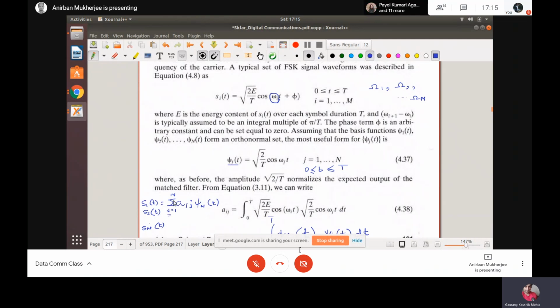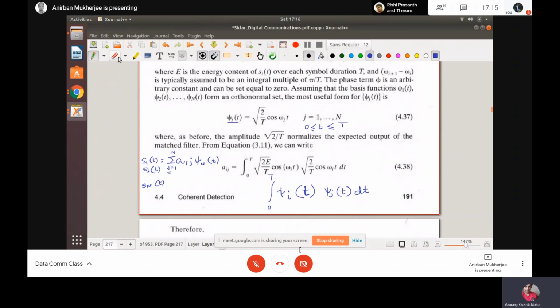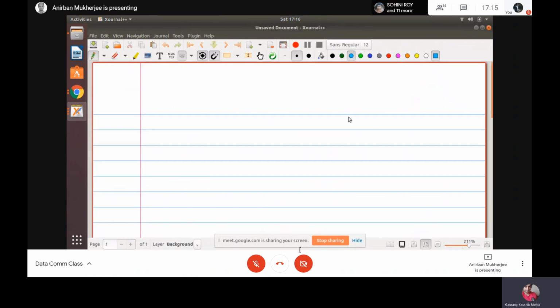Here it is m number of signals and n number of basis functions, that means j equal to 1 to n. So if I just do it, that means what I am writing: this S1 t into a1, and similarly this.